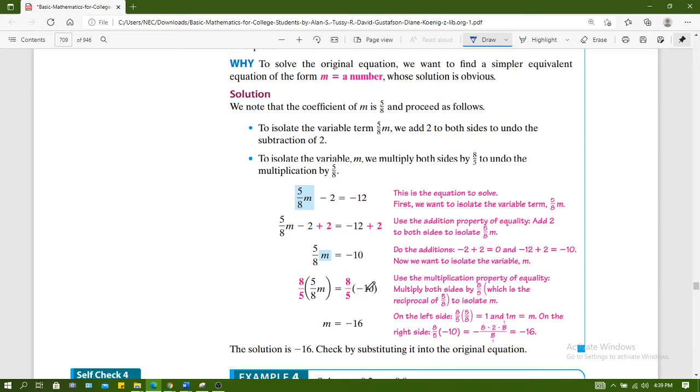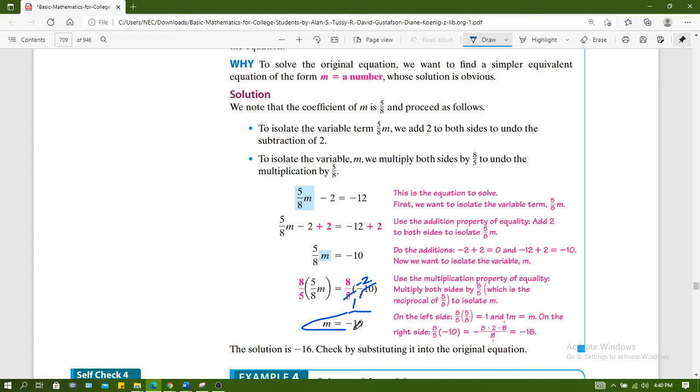So 5 and 10 can be simplified. So this will be 1 and this will be 2 because 10 divided by 5 is 2. So 2 times 8. Do not forget the sign. That is negative 2. Copy na lang ako dara. Negative 2 times 8 is negative 16.